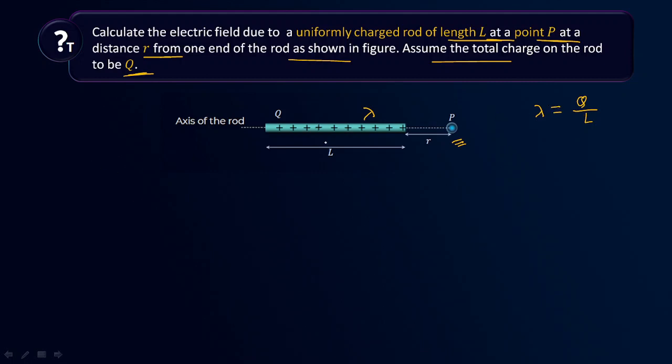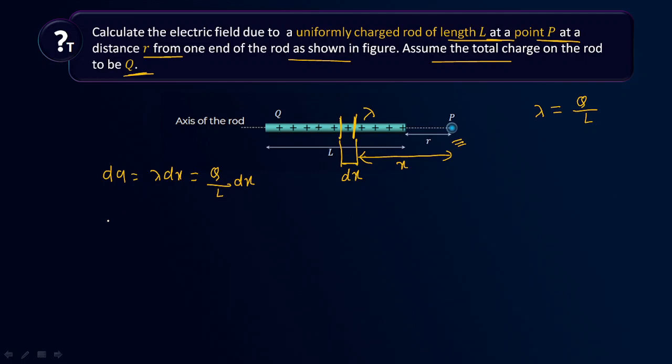So now consider one small element. This element is at a distance x from point P, and this element's thickness we consider as dx. So can I say that dq due to this element will be equal to how much? Lambda times dx. So this we can write as Q by L times dx, right?